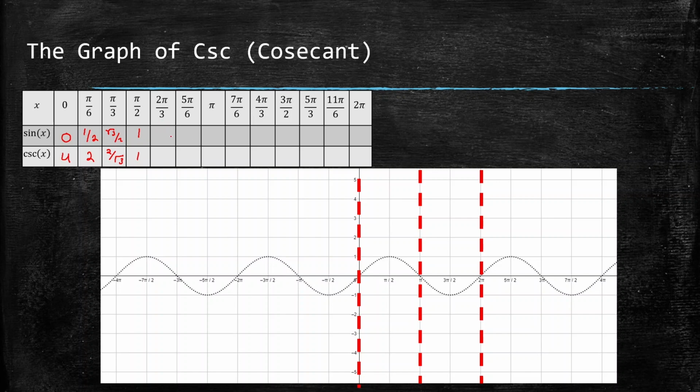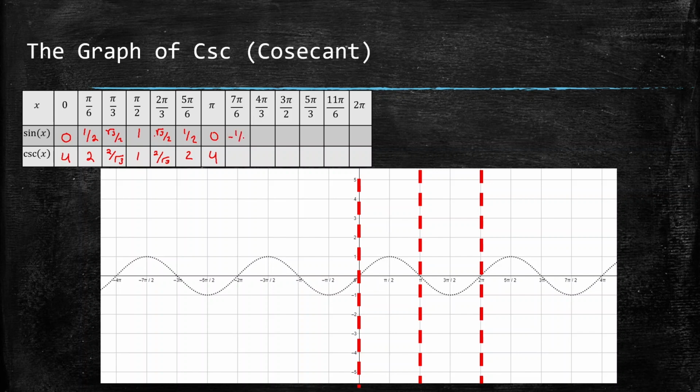When I start going back down again, sine is positive here. So I'm positive radical 3 over 2 again, so 2 over radical 3. And just continuing on to 1/2 and 2. Undefined. And then negative values from here.